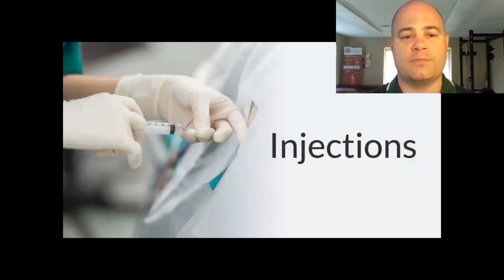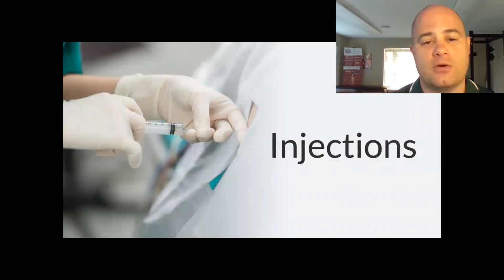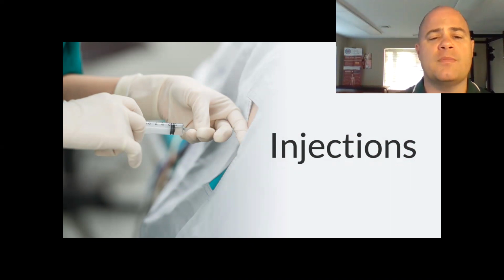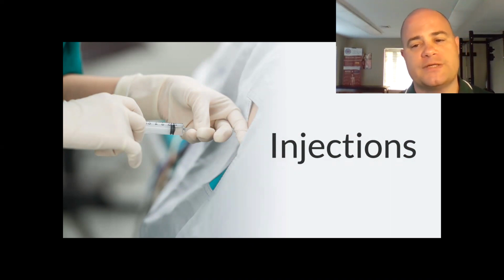When it comes to injections, sometimes somebody can go to a medical doctor and they might recommend that an injection be given in order to target a specific type of troublesome spot. There are cervical epidural steroid injections that can be used to reduce nerve inflammation or tissue inflammation.